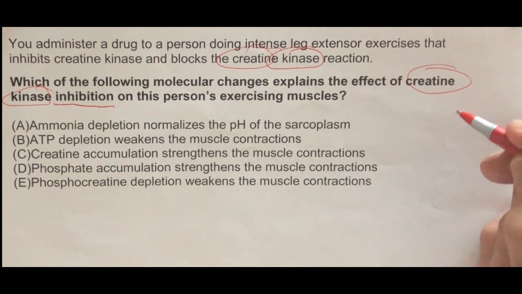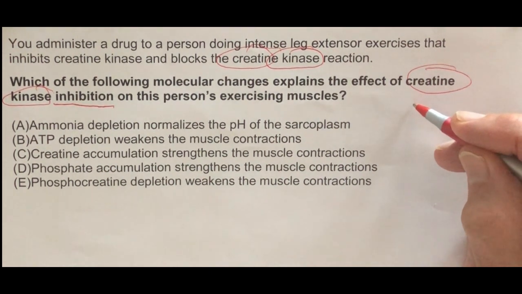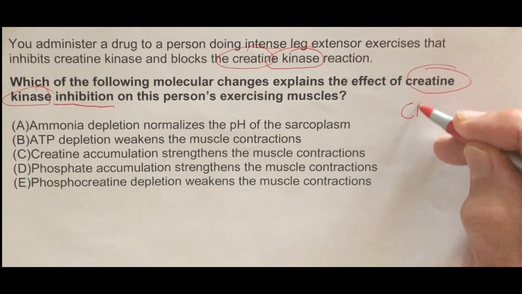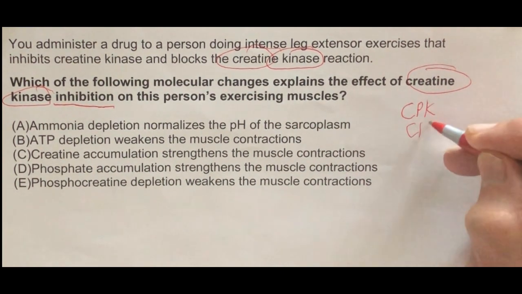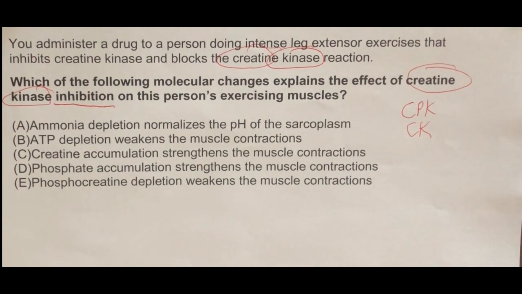It's an amino acid that binds phosphate, and we have this enzyme called creatine phosphokinase, or sometimes we just call it creatine kinase. And a kinase phosphorylates something.